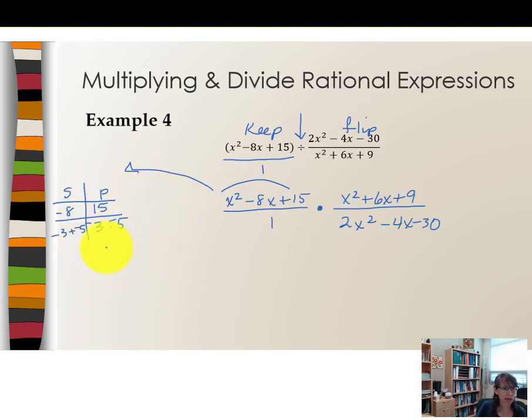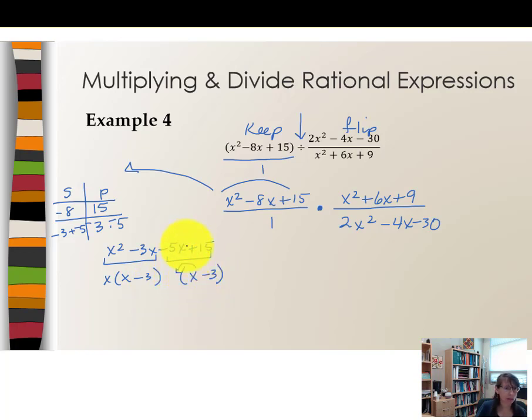So we really have x squared minus 3x minus 5x plus 15. With grouping now, first group has x in common, leaving x minus 3. So the other group must have the common x minus 3.